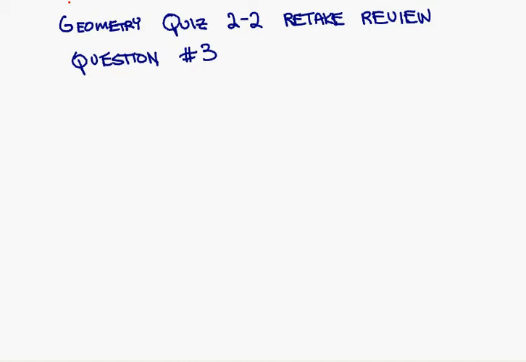Okay, review question number 3 is if I'm given a line on an XY coordinate graph. So let's say I have my coordinate graph here. This is the y-axis, this is the x-axis.